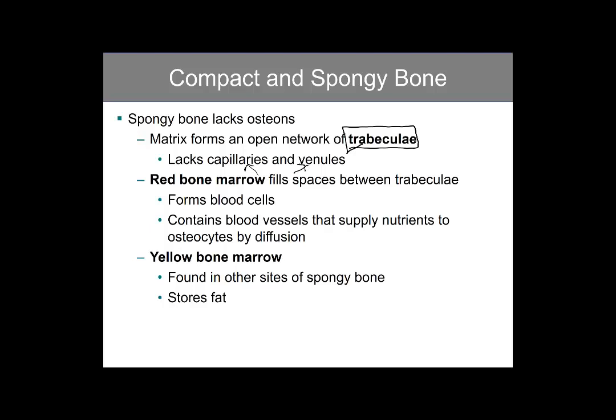Red bone marrow fills the spaces between the trabeculae, and it's the red marrow that forms the blood cells, the blood cell lines. They contain a very rich vasculature or blood supply, and they supply nutrients to the osteocytes via diffusion. In addition to the red bone marrow, we also find yellow bone marrow. Yellow bone marrow is yellow because this is where it stores adipose tissue.